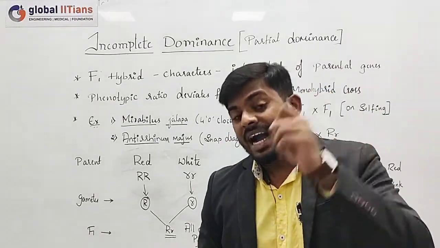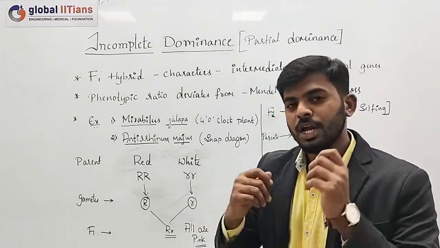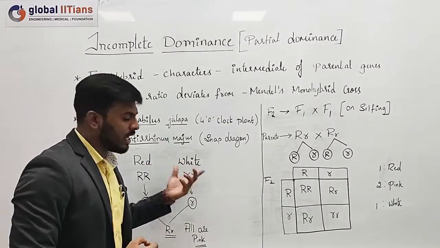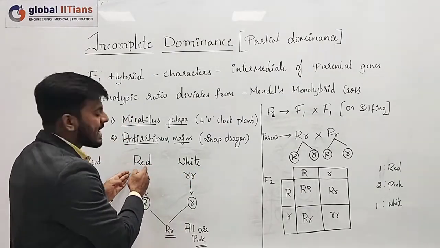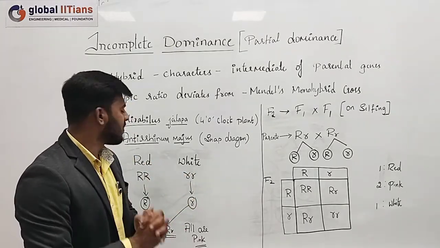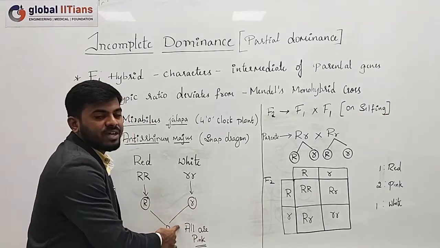Now, let us understand in detail with an illustration of incomplete dominance. We are crossing two colored flowers, red and white. Their genotypes are represented as capital R and small r respectively. When the gametes are obtained, they undergo F1 generation.